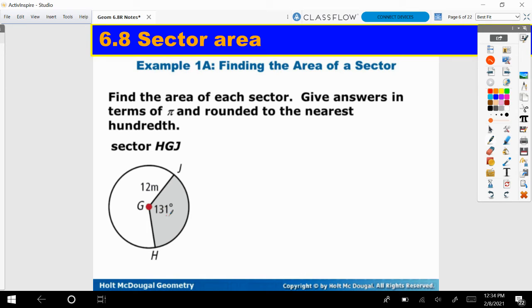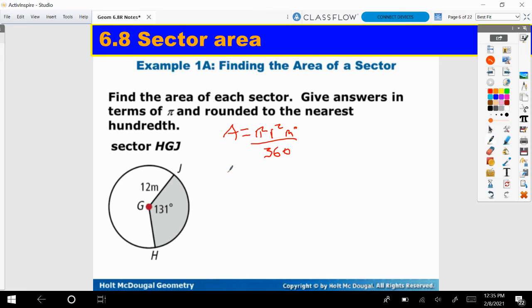We know the radius, and we know the degree measure of that arc. Here's our formula: area of the sector is equal to pi times the radius to the power of 2 times the measure of the arc divided by 360. All I need to do is plug in these numbers and then calculate what I get.